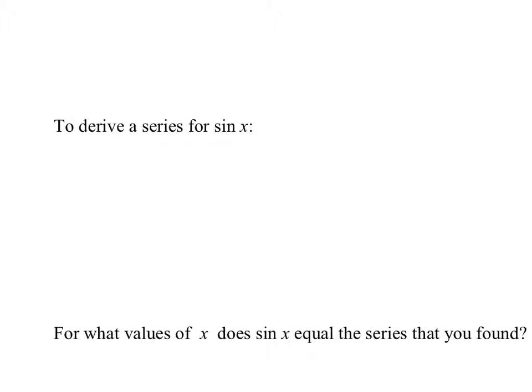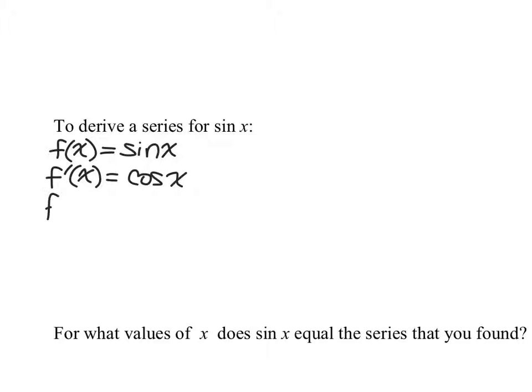So first we start off with the original function, f of x is equal to the sine of x. F prime of x would be equal to the derivative of that, which is cosine of x. Double prime is negative sine of x.